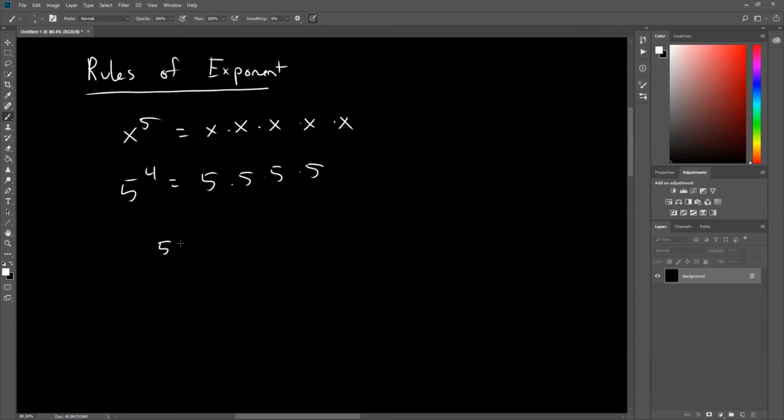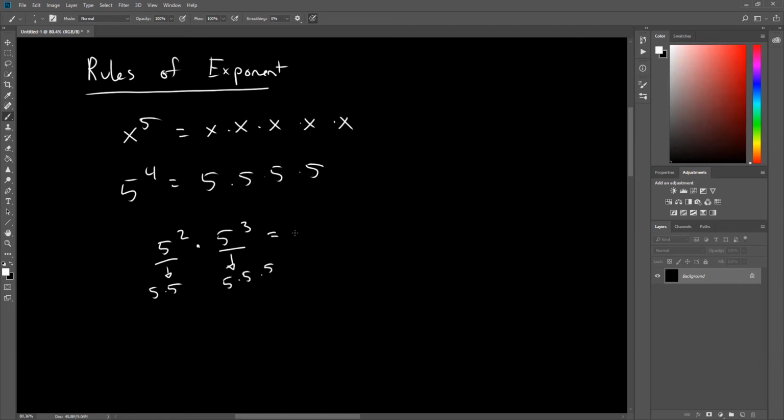So let's think then, knowing that 5 to the 4th is just 5 times 5, 4 times. What if we did 5 squared times, let's just say 5 to the 3rd? Well, if we simplify this down, 5 squared is 5 times 5, and 5 cubed is 5 times 5 times 5.